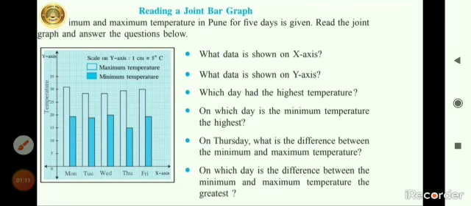Write down the answer: on Thursday the difference between the minimum and maximum temperature is the greatest.